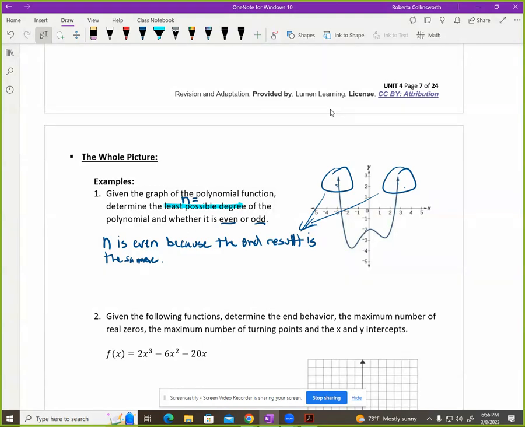So now I'm going to ride the roller coaster, and I'm going to remember that we did that and we found our turning points. So I have this turning point, I have this turning point, and I have this turning point. So I have turning points are 3. How did I get turning points?